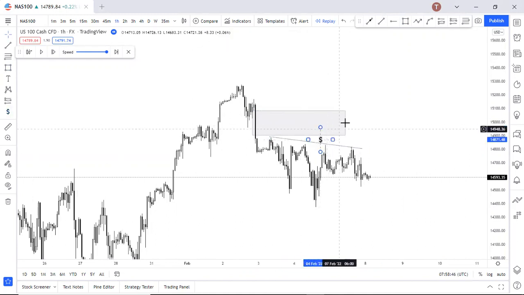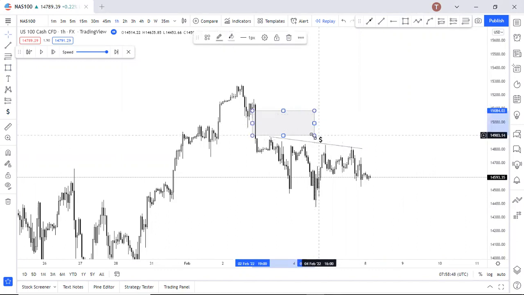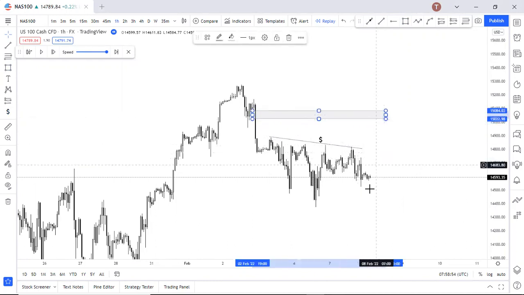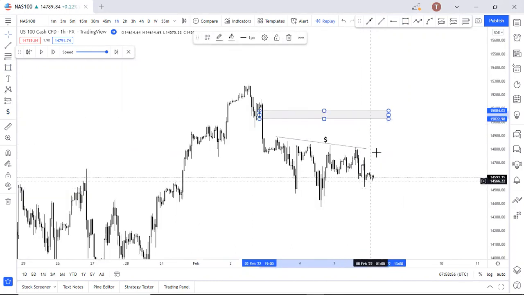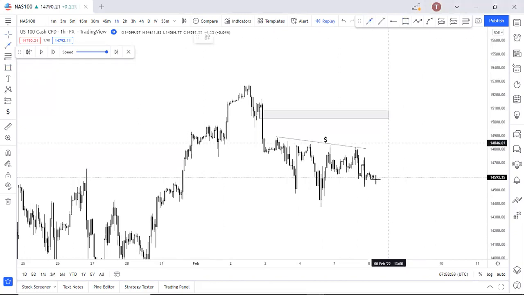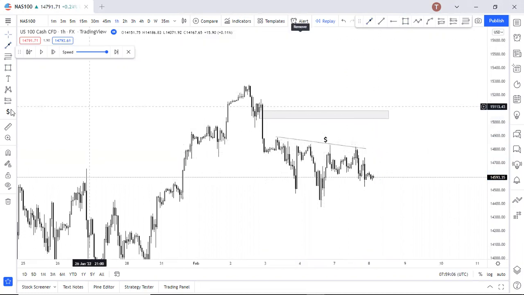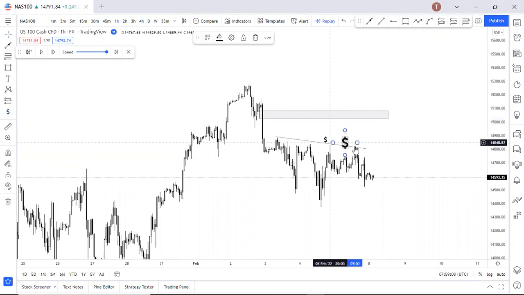With this knowledge of liquidity and imbalances in smart money concept, I knew definitely price was later going to come and fill up these gaps and take out all this liquidity, because money tends to sit in these zones where we have liquidity in the market.